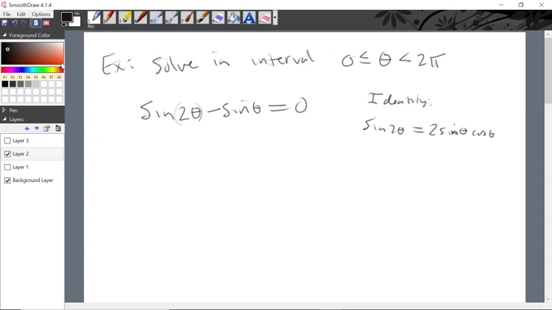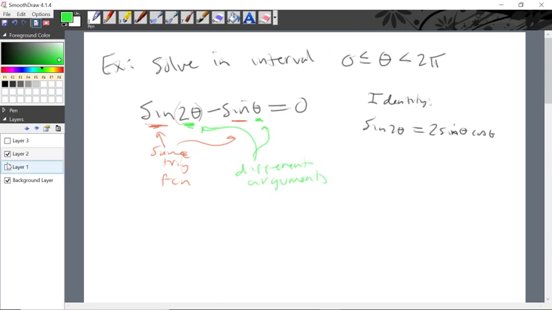We have the same trigonometric function, sine and sine, so the terms have the same trigonometric function in them. That's good. But if we look at the arguments, we have an argument of 2 theta versus an argument of theta. So here's a situation where we have different arguments.